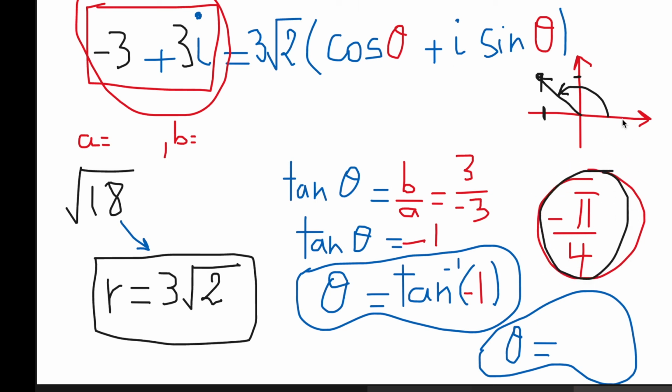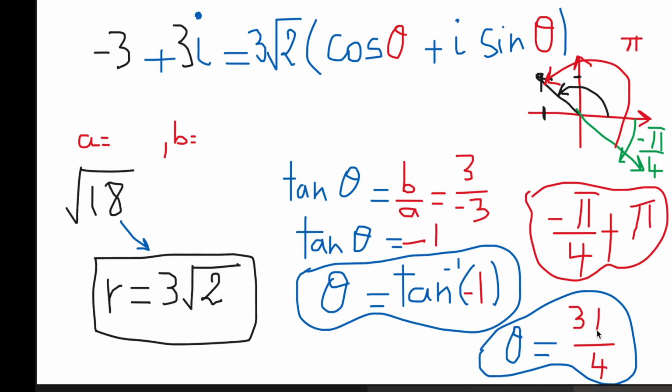Pi over 4 is in the first quadrant, and negative pi over 4 is the opposite direction in the fourth quadrant. That's the negative direction. So that's what you get from your calculator. To get the answer, you need to add pi to negative pi over 4. So negative pi over 4 plus pi, and simplify this to get 3 pi over 4.